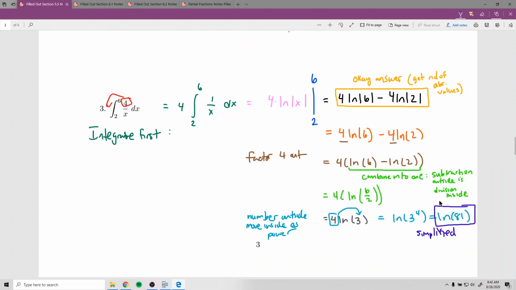But one thing you don't want to do is type this in your calculator unless it says you can use decimals, and most of them you cannot. Right, because the natural log of 81 is going to be something with a decimal in it.